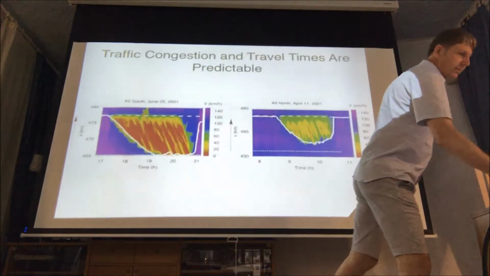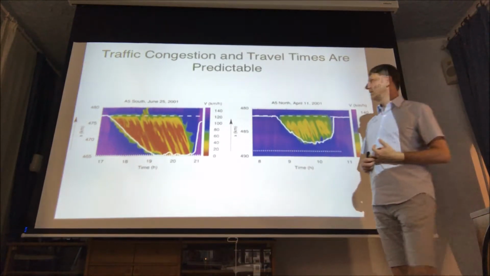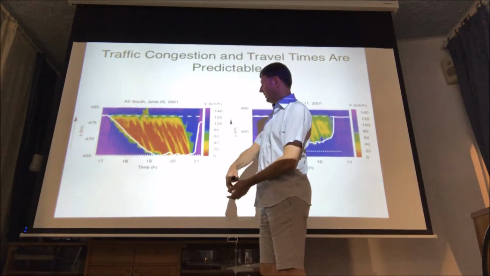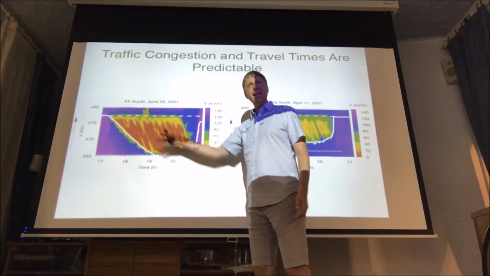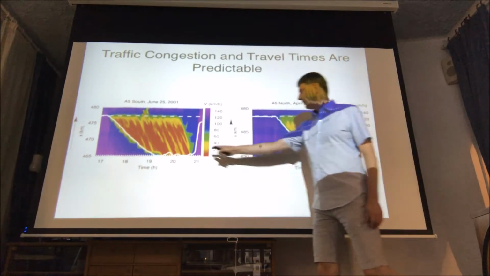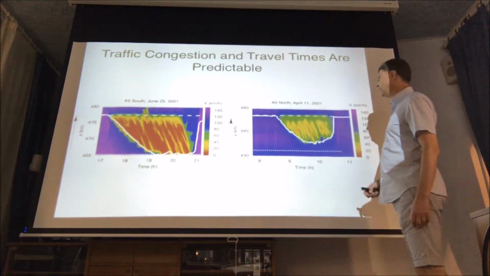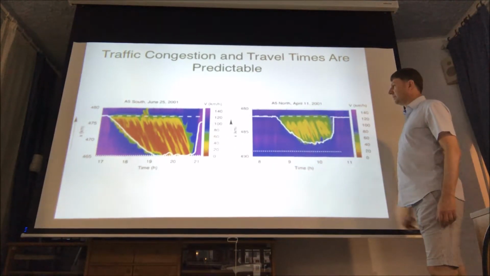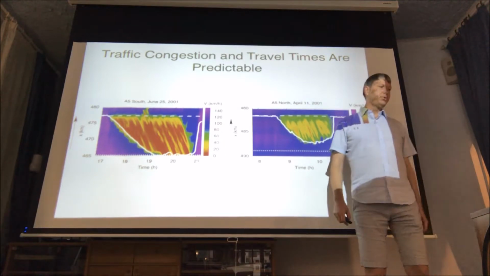We're that far that we can basically predict the extension of traffic jams and also the delay times with traffic models, as you can see over here. So the white line is the prediction, and the colorful part is what we observe empirically.